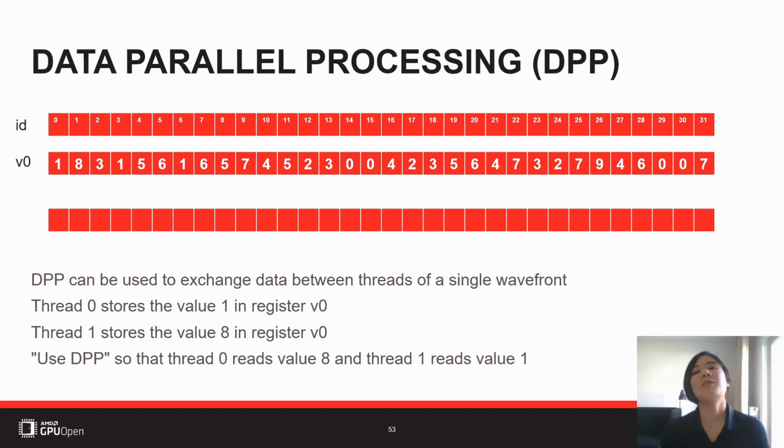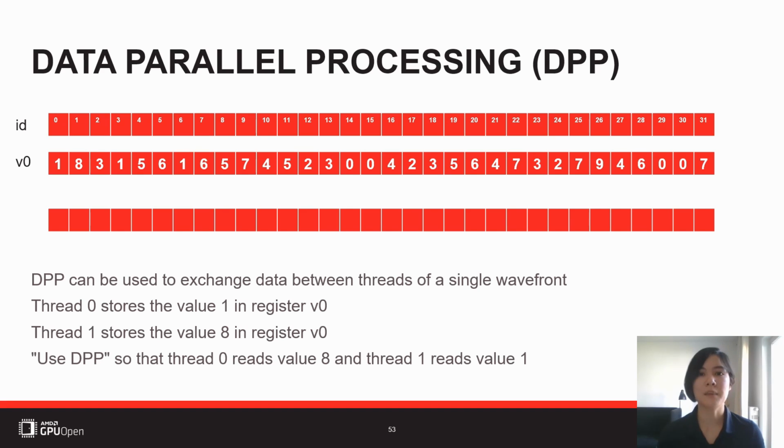So first, let's talk about DPP, data parallel processing. As I said, we are talking about exchanging data between threads within a single wavefront. So we have our wavefront, now it's size 32, and each wavefront resides on a single SIMD unit, so they're also accessing the same registers.